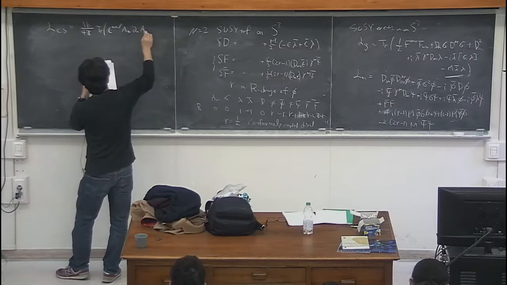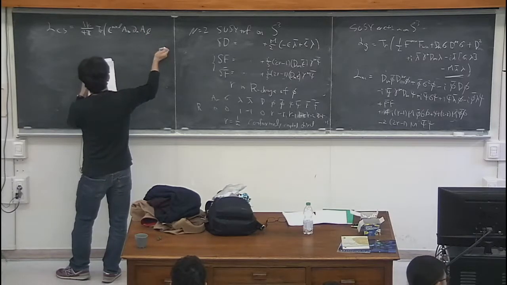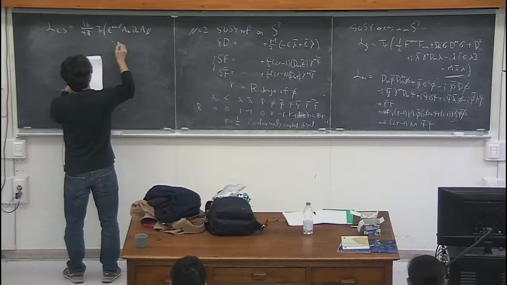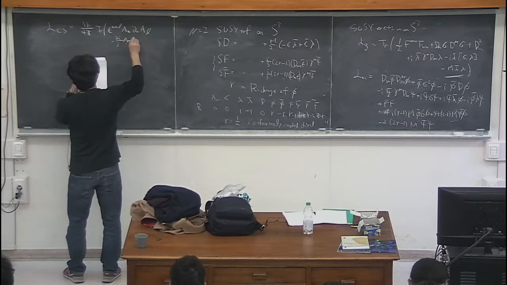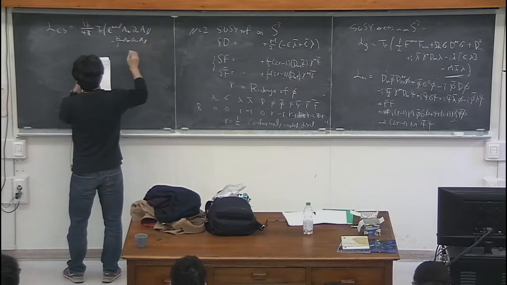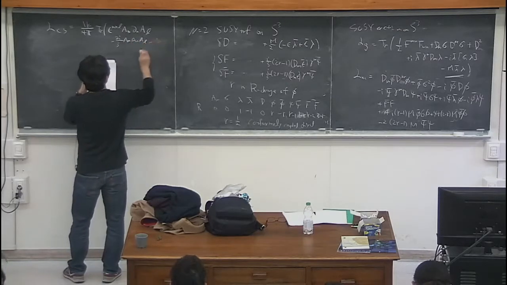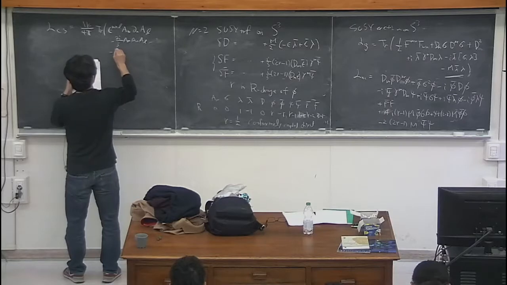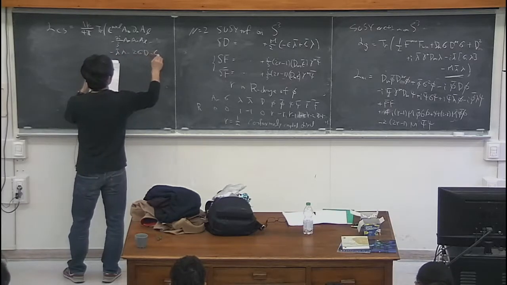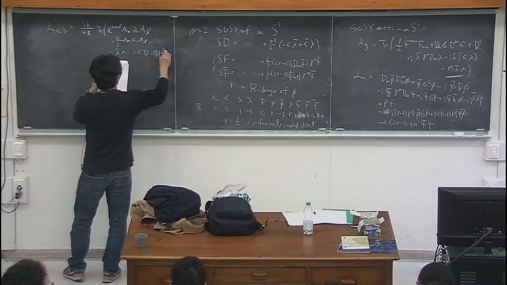The U(1) case is a bit not simple, but anyway, the action is like this, with a lambda lambda term, minus 2 sigma D, minus 4 m squared sigma squared.